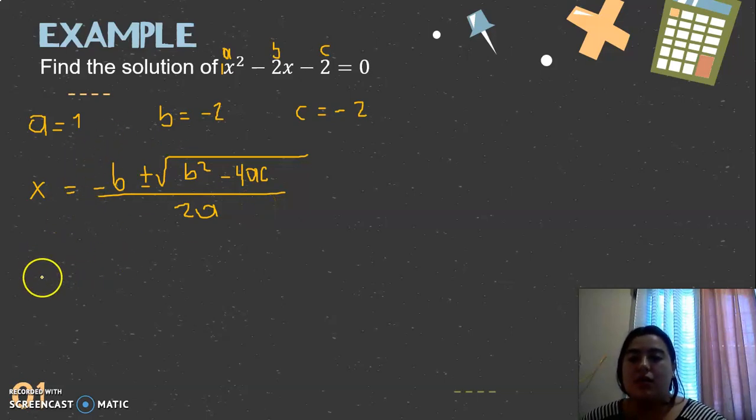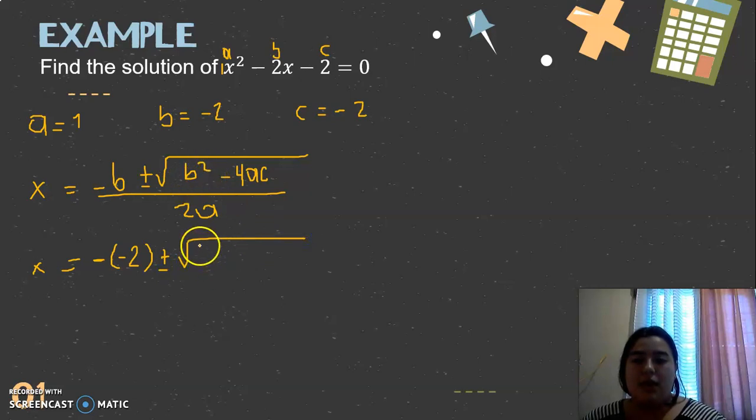Now we will substitute the values. x equals negative, because it's from the formula, and the value for b is negative 2. So we have two signs, and we have to use parentheses: negative (−2), plus or minus the square root of b squared. The value for b is negative 2, to the second power, minus 4, and the value for a, this is multiplied, is 1.